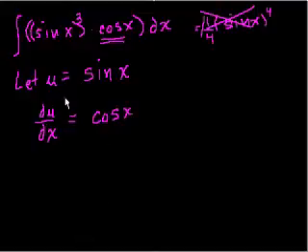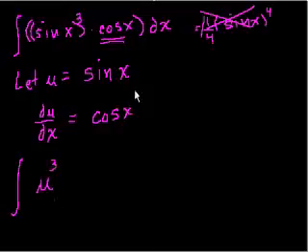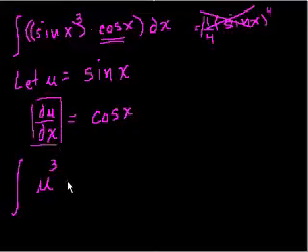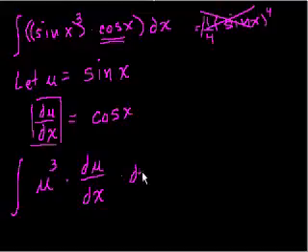What we can now do is substitute these two things into this integral. Instead of writing sine of x to the third power, we can write u to the third power. And cosine of x, we just showed, is du dx, so it's times du dx, and then times dx.